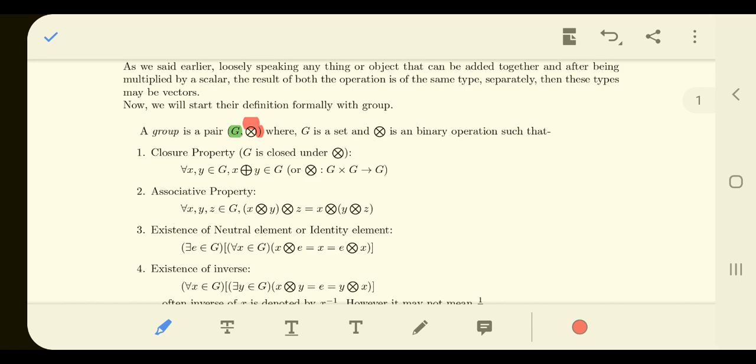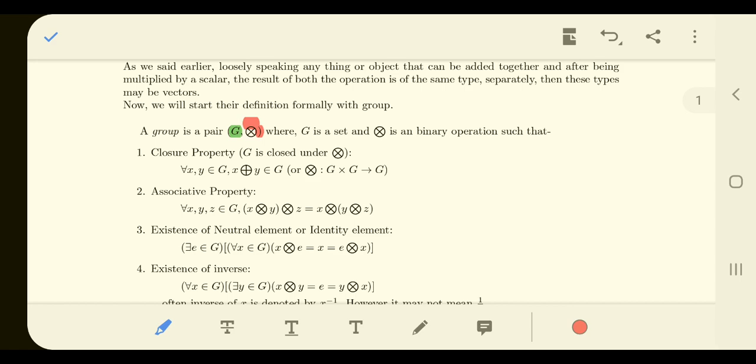So let us suppose that X is an element in G and E is the identity element. This identity element when operated with X will result into X, whether you operate it from the left side or from the right side.